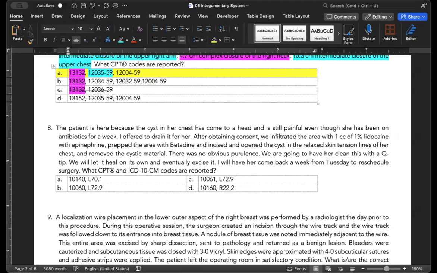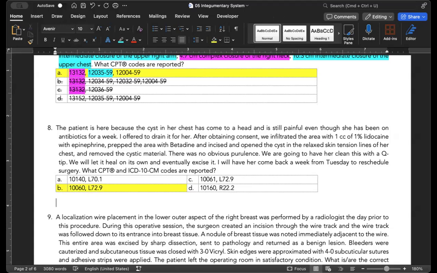So do we think this is going to be acne, a simple incision and drainage of an abscess, or a complicated or multiple one? 10040, 60, or 61. Simple. Yep, it's going to be simple, so 10060. And since that's our only one, we know that's our answer.